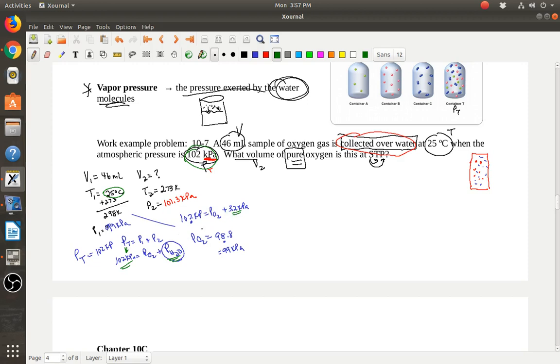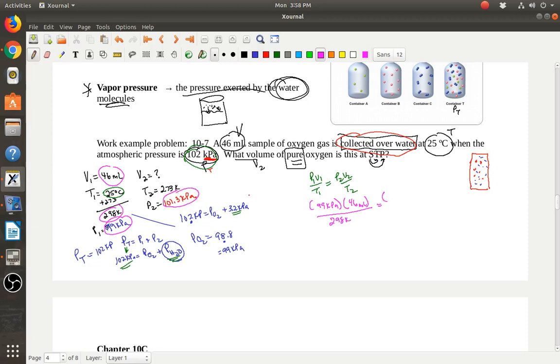Now I have everything and I can plug and chug. So P1V1 over T1 is P2V2 over T2. I need to put all my values in. P1, 99 kilopascals. V1, 46 mils. T1, 298 kelvins.